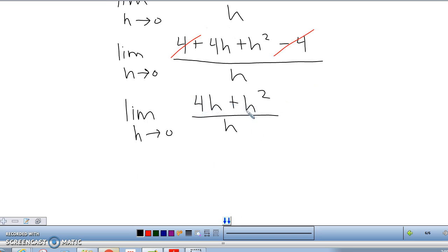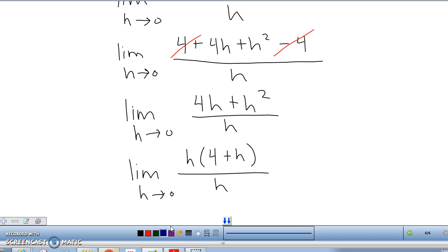We have a greatest common factor, GCF, of h in the numerator. This is where all your algebra skills come in handy. They will really help you out. This does not become 0, this becomes 1 over 1.